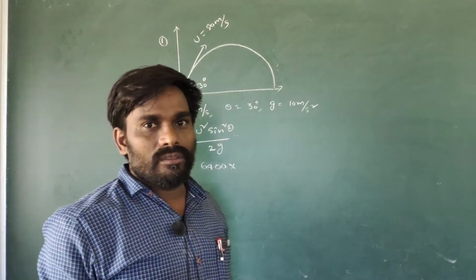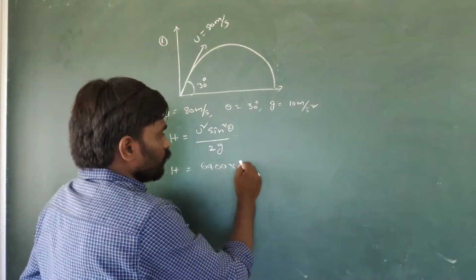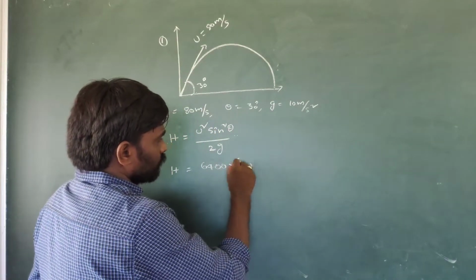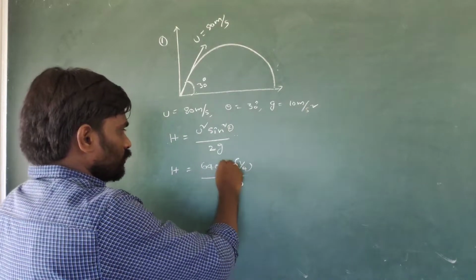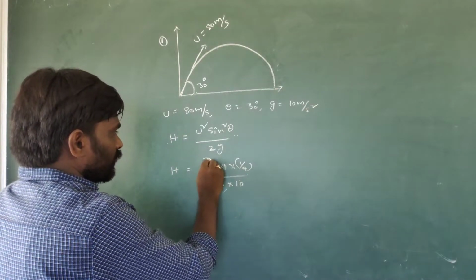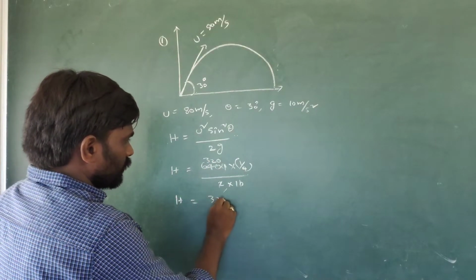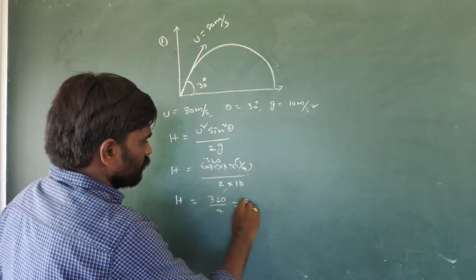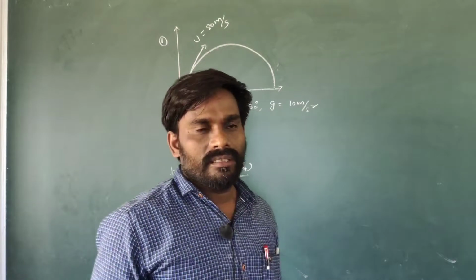Sin 30 degrees value is 1 by 2, so sin square theta is 1 by 4, divided by 2 into 10. Here the zeros cancel, 2 into 160 is 320, then h is equal to 320 by 4, which is 80 meters. The maximum height of the body is 80 meters.